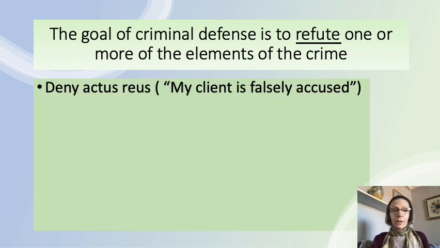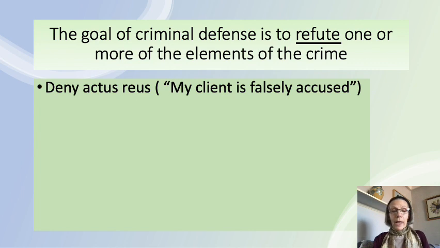So for example, one thing a defense attorney can do is raise doubt or refute and deny actus reus. They can basically say that, yes, a criminal act took place, but my client didn't commit that criminal act. My client is falsely accused. You've got the wrong person.